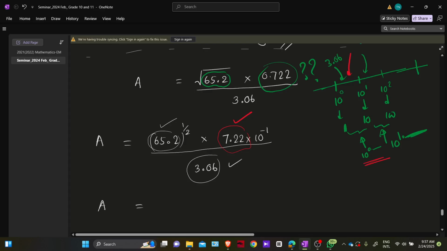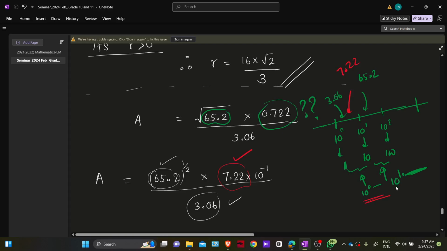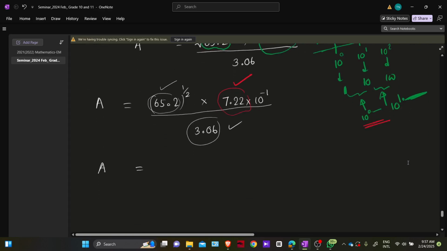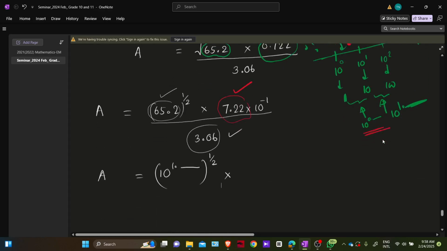65.2 is somewhere here, which means the number is 10 to the index 1 point something. Make sure to take the half index. 7.22 means somewhere here.